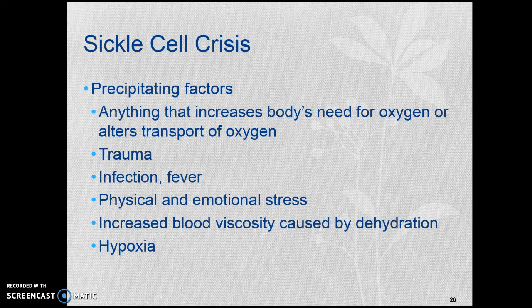So sickle cell crisis is when something stresses the body, the vascular system. You'll see increased blood viscosity because of dehydration, possibly an infection. All of these things can trigger the crisis.